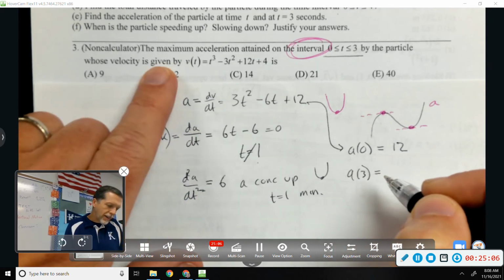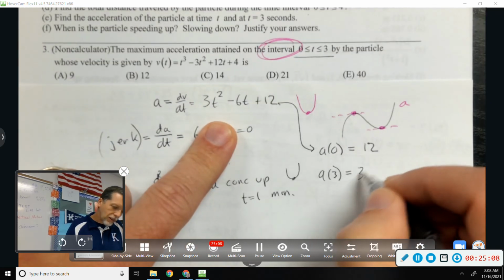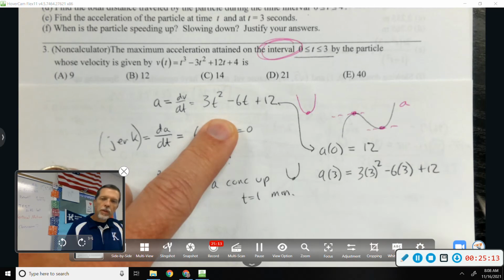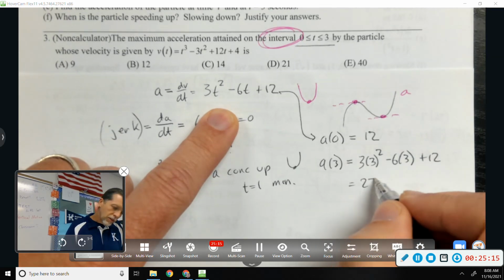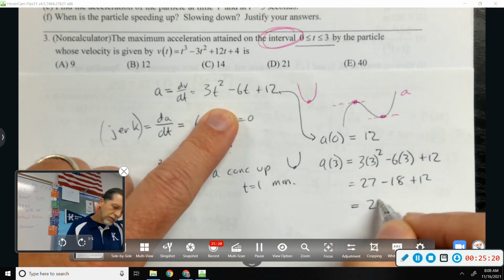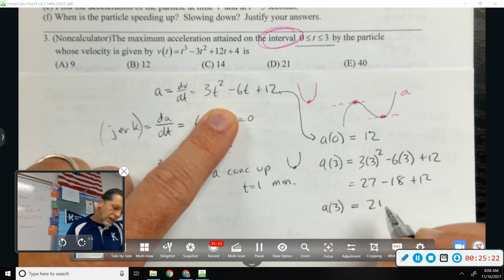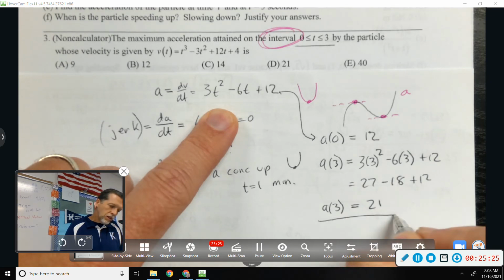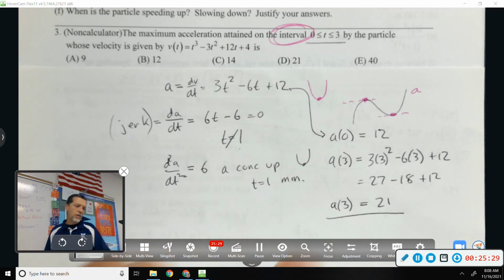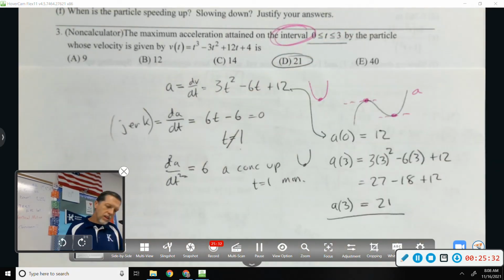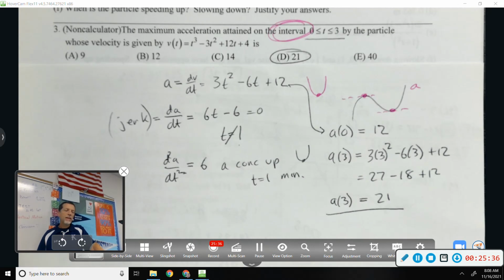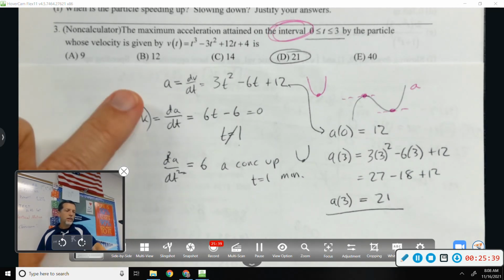No calculator, but okay. 3 times 3 squared minus 6 times 3 plus 12. 27 minus 18 plus 12. 9 plus 12 is 21. So the maximum acceleration is 21. It happens at 3. And that was a weird one because we were down to the second derivative of acceleration.